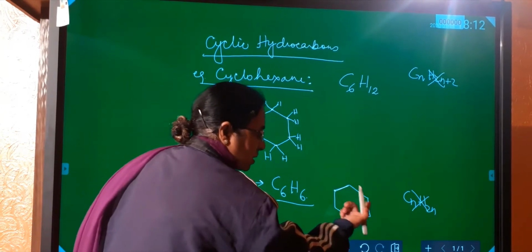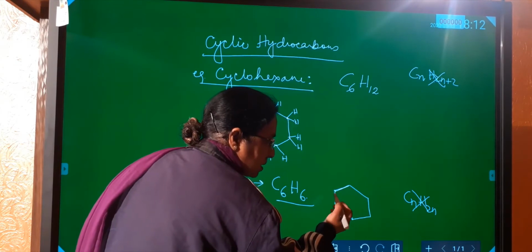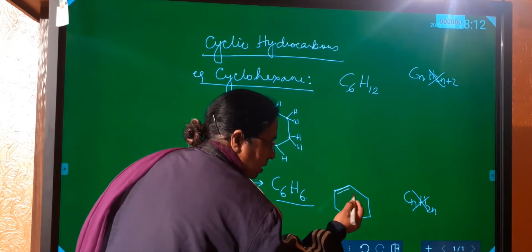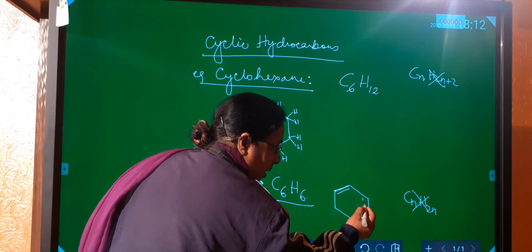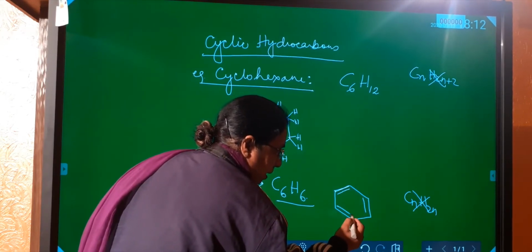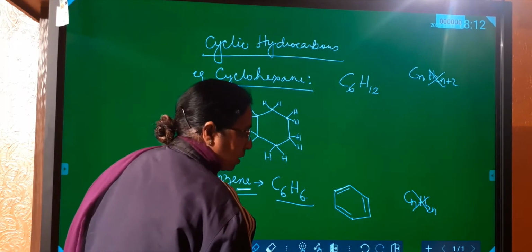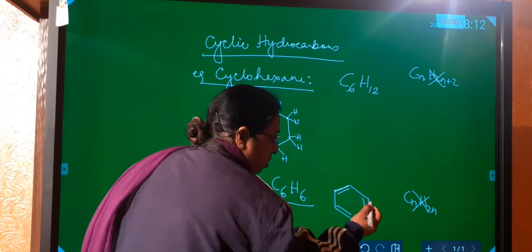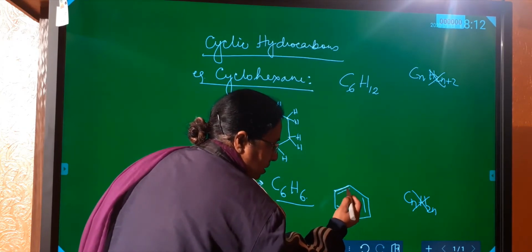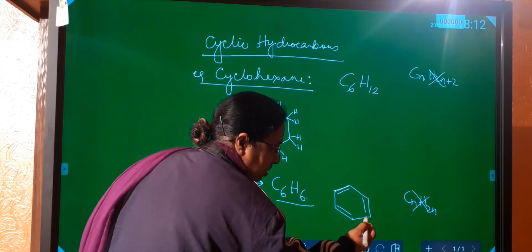Since this is an ene, there is a double bond over here, again a single bond, again a double bond, again a single bond, and then again a double bond over here. Each corner denotes one carbon. As you can see, each carbon has three bonds.